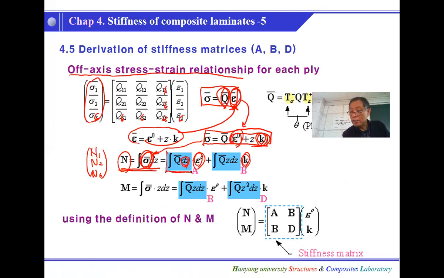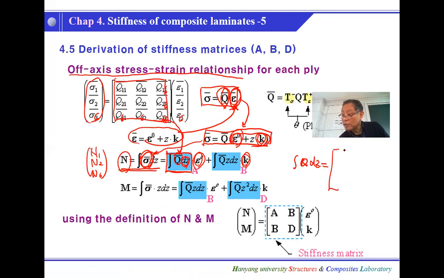Now, what is this term? Dimension-wise, what's the size of this Q integration? It's a 3 by 3. Why? See, Q bar is this guy, and put it into this one here. So I'd like to repeat here. Q bar dz, what does it mean?